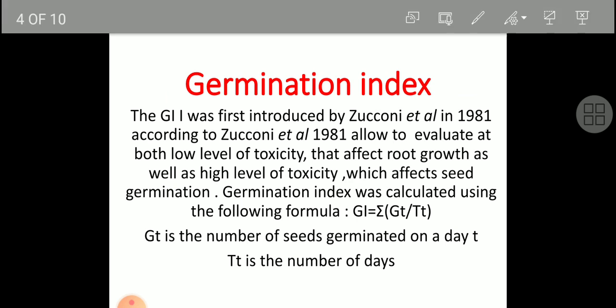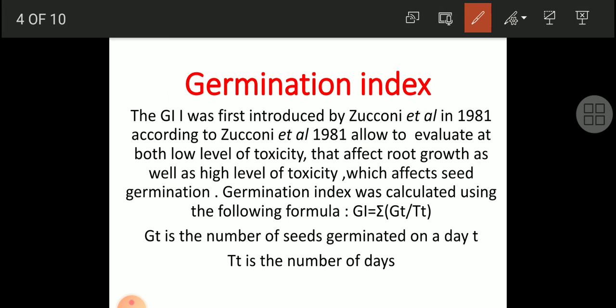Now the germination index. What is the formula we have to use for that? Summation of Gt divided by Tt. This formula was given by Zucconi et al. in 1981.